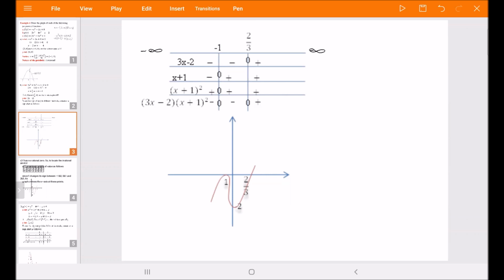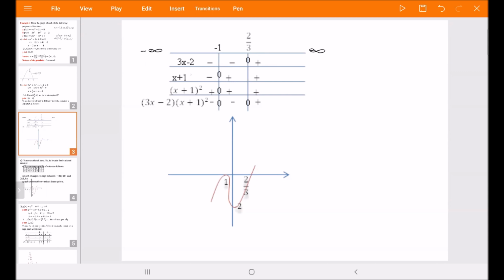For this particular case, let us take 1, because 1 is greater than 2 over 3. So 3 times 1 is 3. 3 minus 2 is positive 1. That means for values greater than 2 over 3, the sign of 3x minus 2 is positive. Now we have determined the sign of 3x minus 2. We pass to the next factor, x plus 1.